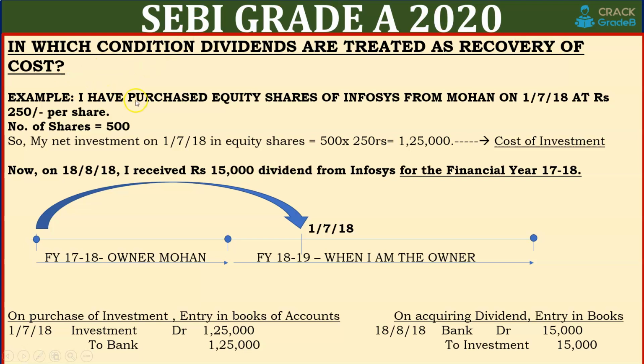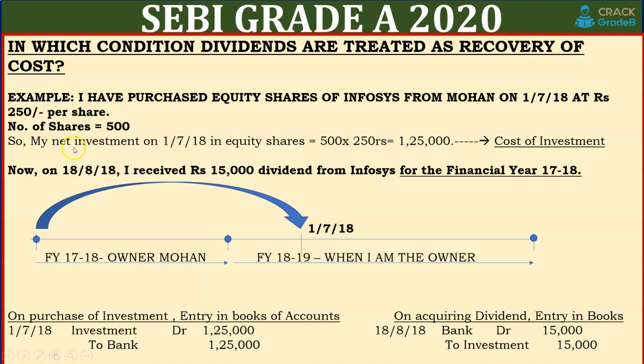Example, I have purchased equity shares of Infosys from Mohan on 1st July 2018 at rupees 250 per share. Number of shares that I purchased was 500. So Infosys के shares, if I'm taking from Mohan on 1st July 2018, that will be accounted in the financial year 18-19, that is 2018-19, because 1st July 2018 कौन से year का part होगा, that will be 2018-19.